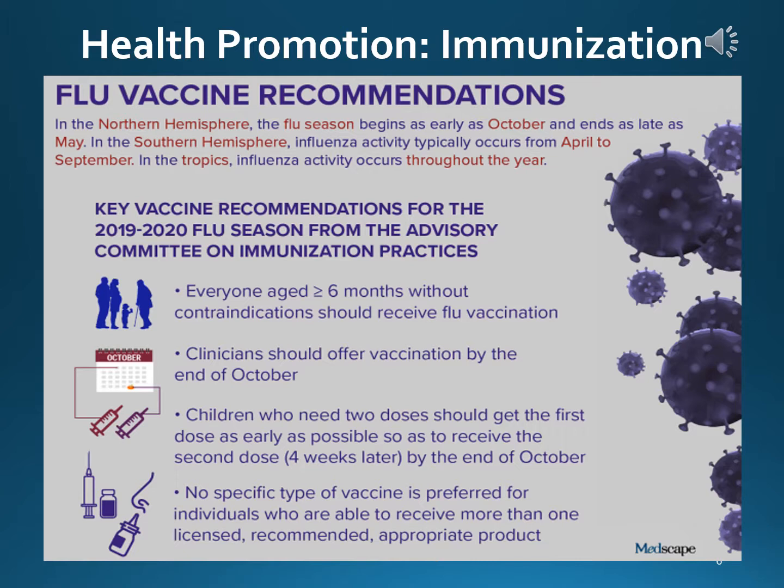The flu season in the Northern Hemisphere begins as early as October and ends as late as May. I've seen it go into June at times. And so if it takes 2 weeks to get full immunity, the earlier you get the vaccine, the better. Vaccine is usually available right around mid to end of August.